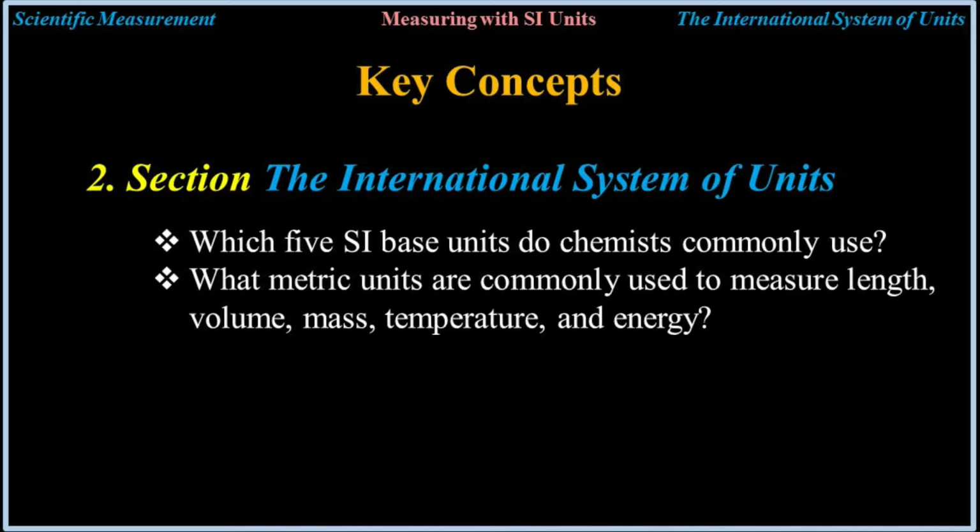Section 2, key concepts, the International System of Units. Which 5 SI base units do chemists commonly use? What metric units are commonly used to measure length, volume, mass, temperature, and energy?